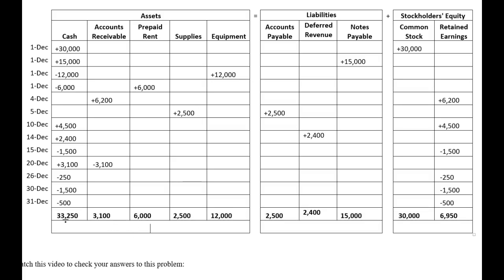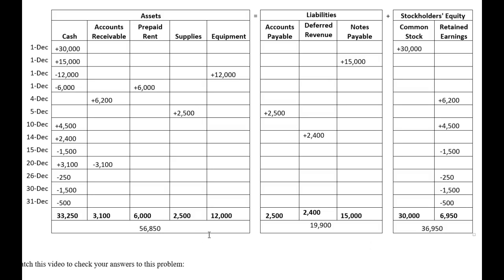Now, take just a second again and add up those 5. And once you did that, hopefully you ended up with 56,850. We ended up with liabilities at 19,900. And we ended up with total, the sum of these two equity accounts, at 36,950.